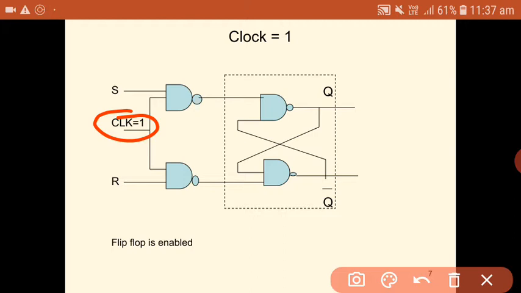Whenever clock is equal to 1, the flip-flop is enabled, so that the output depends upon the different input combinations of R and S.